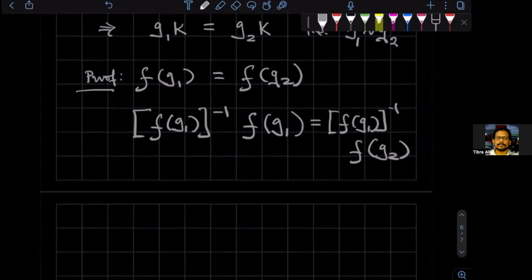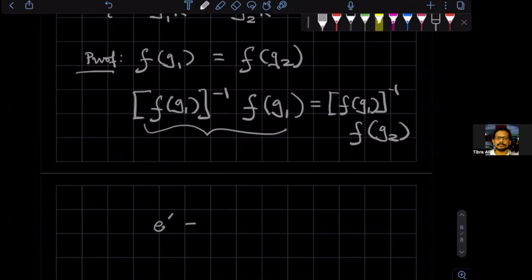All right, so on the left-hand side, we will get E prime, right? Which is the element in G prime, the identity element in G prime. Okay, so on the right-hand side, we have f of G1 inverse acting on f of G2.